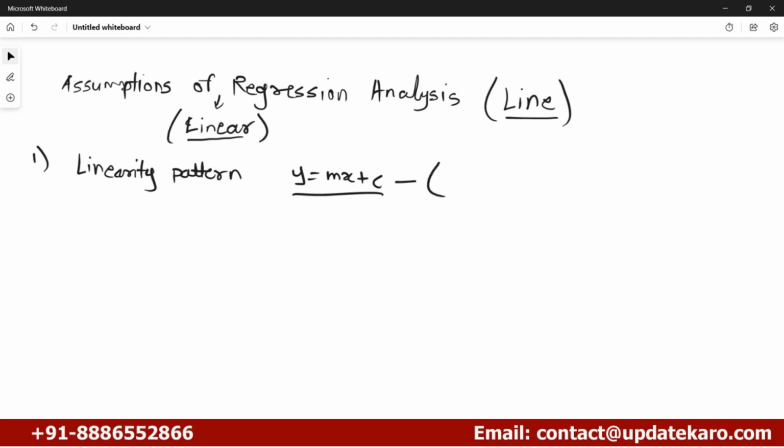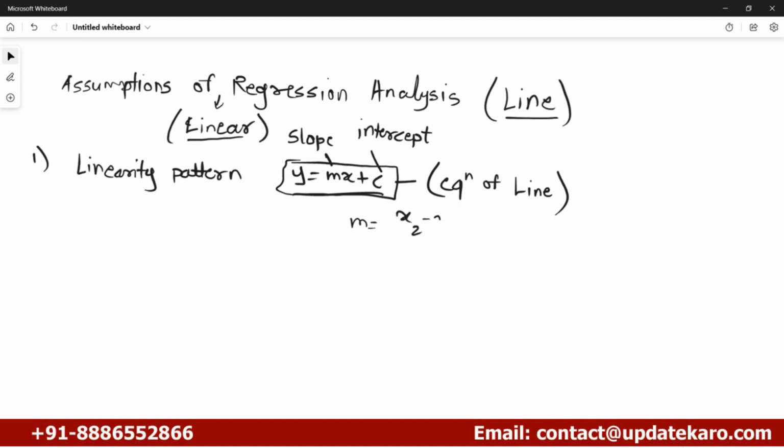Also, this equation is nothing but the equation of a line. c is the intercept, and m equal to slope. So this is going to be the pattern.